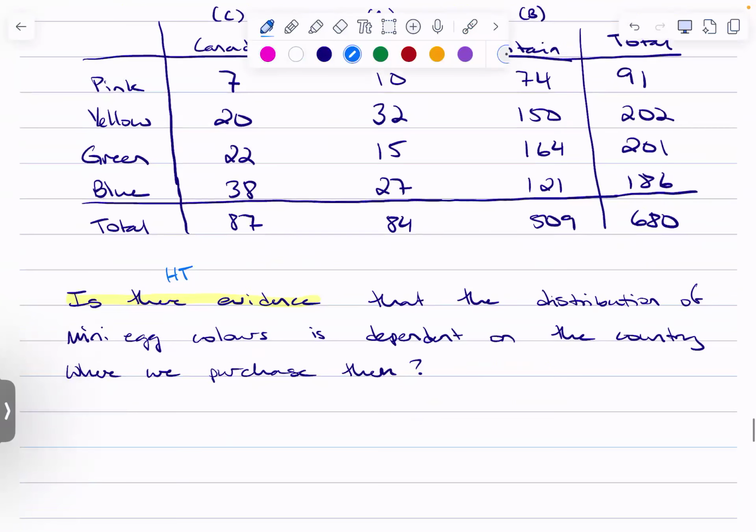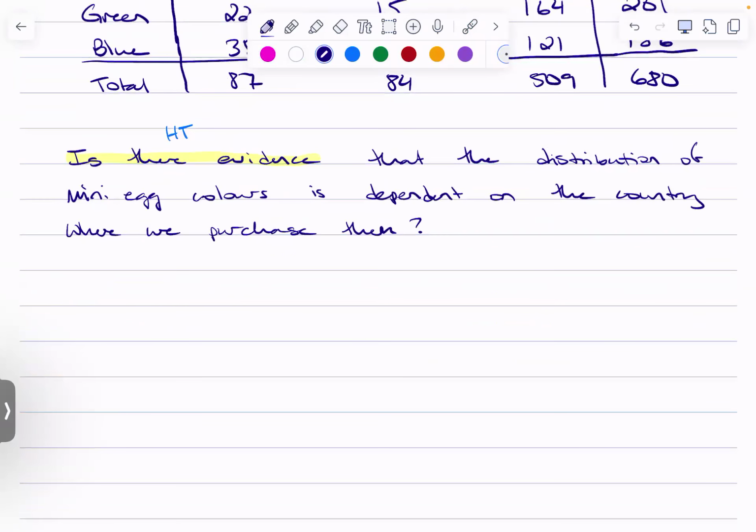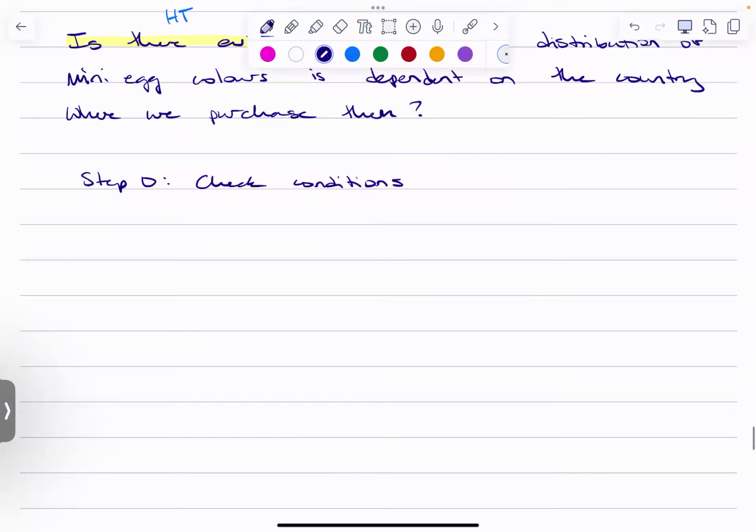Okay? So let's start with step 0. Check the conditions. For chi-squareds, that also involves calculating the expected counts, right? So independence.